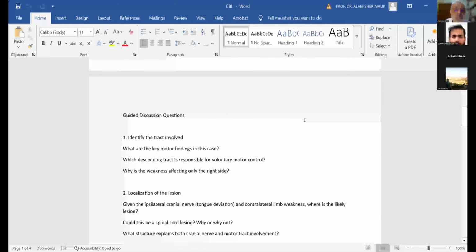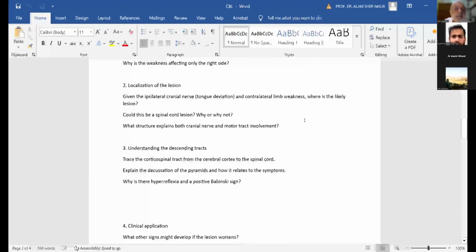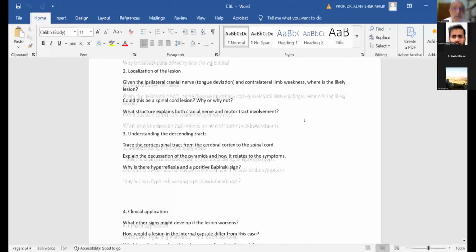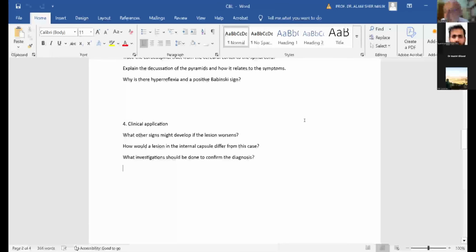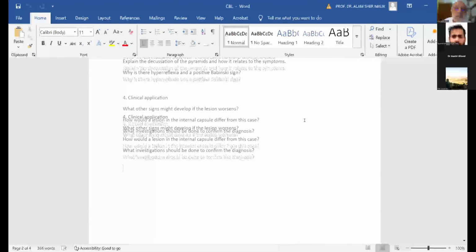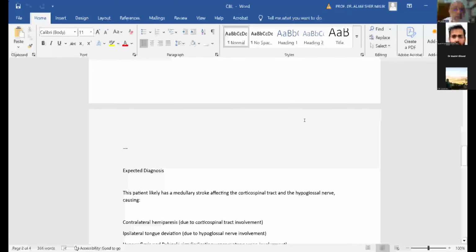You inform them that there's a lesion, and ask what could be the effect of a lesion at different levels, and what could be the possible clinical consequences. So I think with a little bit of polishing, this could be really good. This is a good example of normal to abnormal presentation for year 2 students.